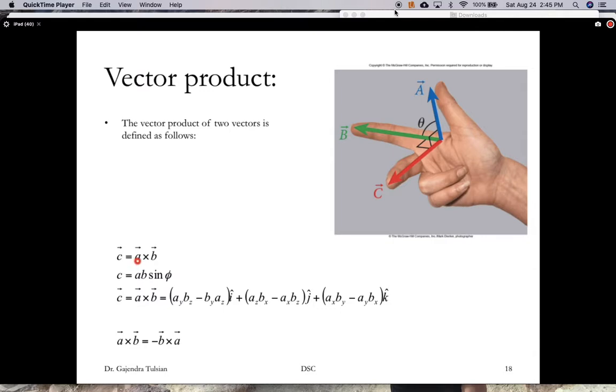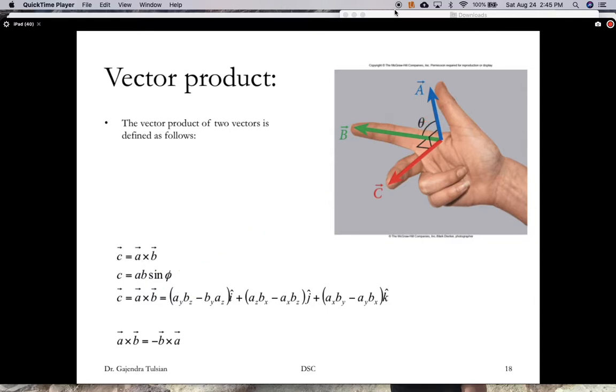We're trying to multiply vector A and B. The result is going to be C. And here is the magnitude. So here's vector A, here's vector B, and that's the angle between the two vectors A and B that you're trying to multiply. Now, I've used phi here. The diagram shows phi, theta, but they're the same.